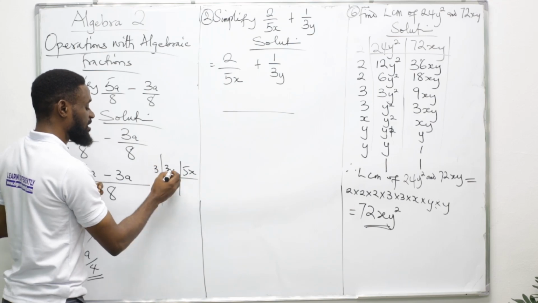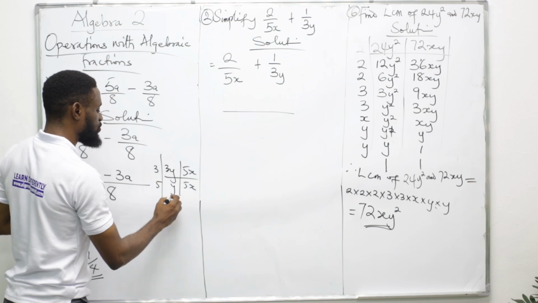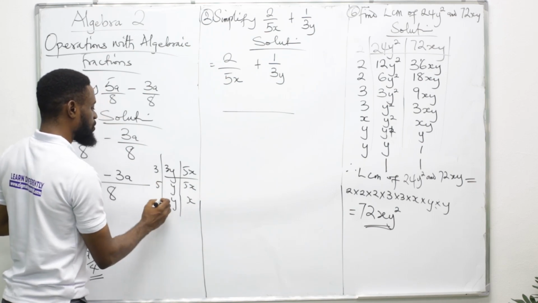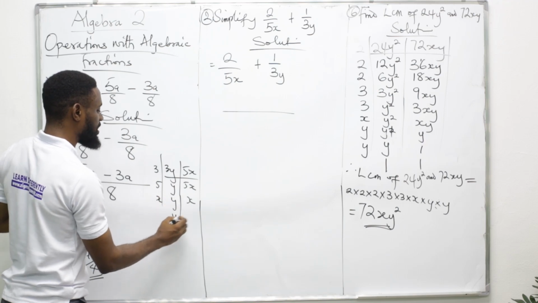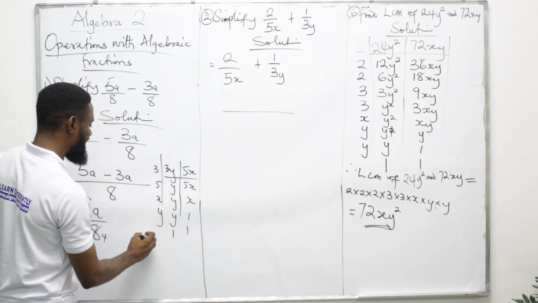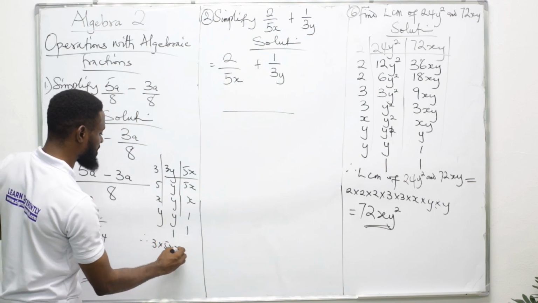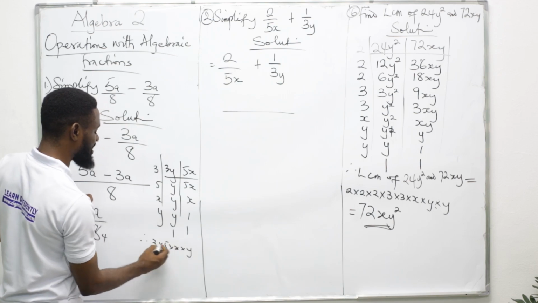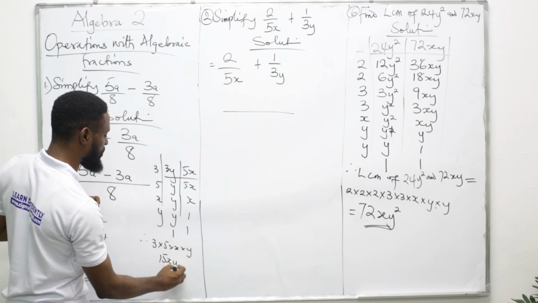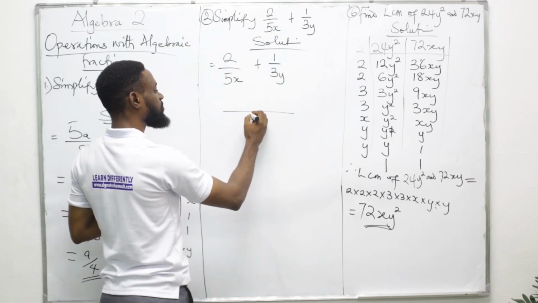So 3 goes here, this will be y, and this will be 5x. 5 goes here, this will be y, and this will be x, because 5 into itself is 1. So x goes here, this will be y, this will be 1. Y goes here, this will be 1 and 1. So it means that its LCM is equal to 3 times 5 times x times y. So this will be 3 times 5 is 15 times x is 15x times y, 15xy. It means that here our denominator is 15xy.